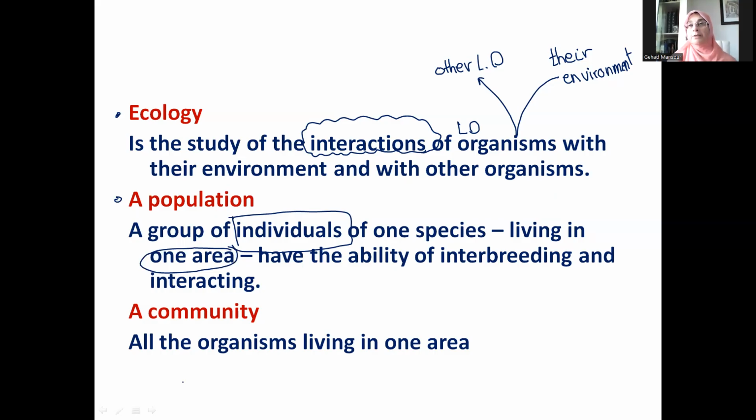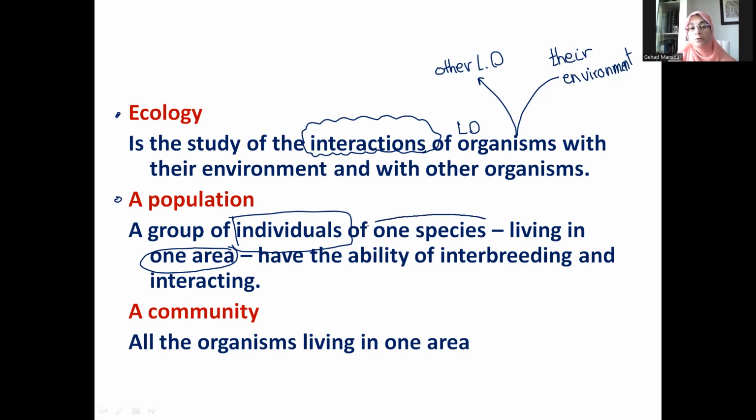So we can say, for example, the population of French people living in Maadi, or the population of monkeys in the zoo, or a population of lions in the zoo. So it is a group of individuals of one species.